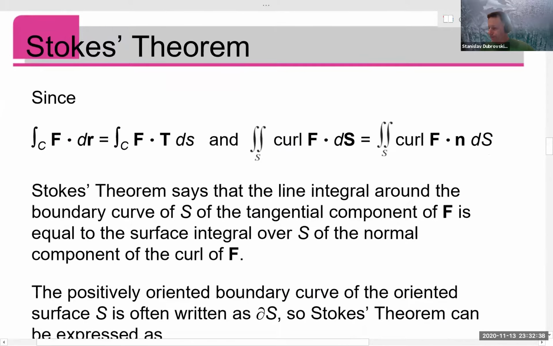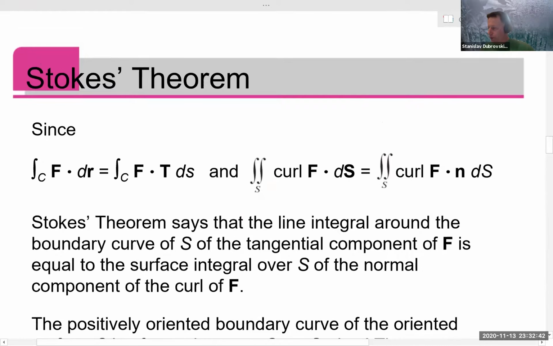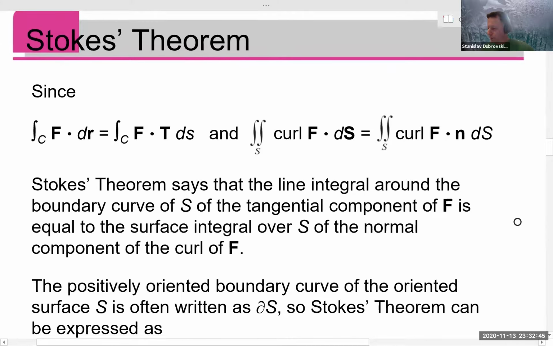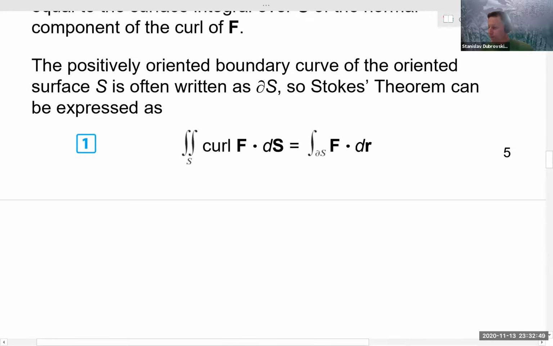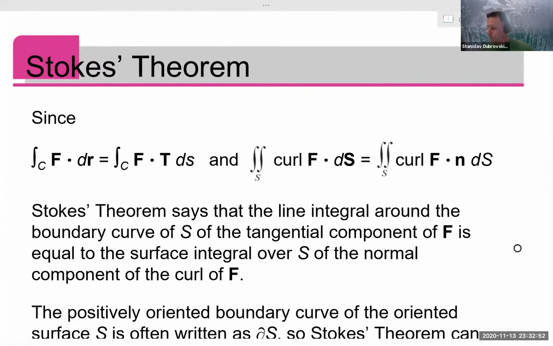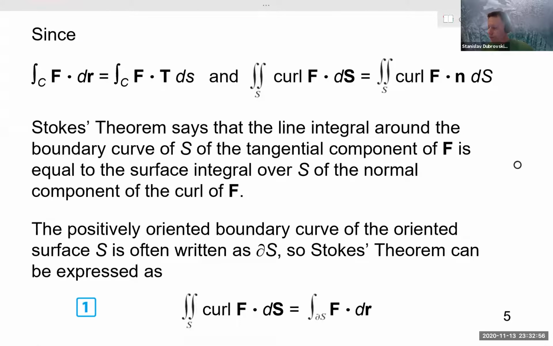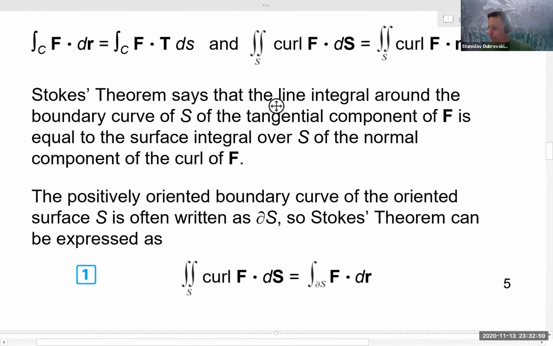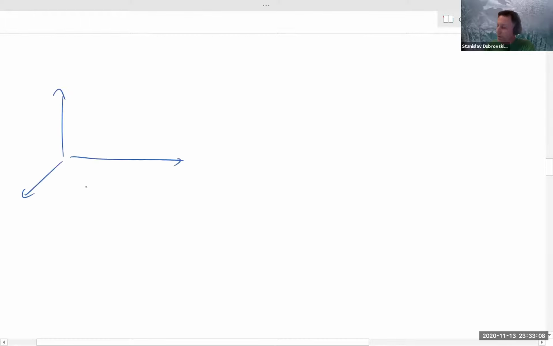So let us see the connection with Green's theorem. Let's assume that we are looking at a particular surface, which is flat, and which is just lying in the XY plane, like this.